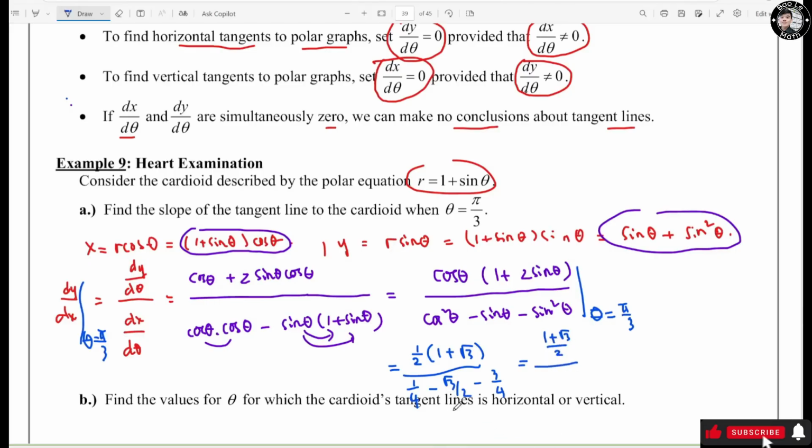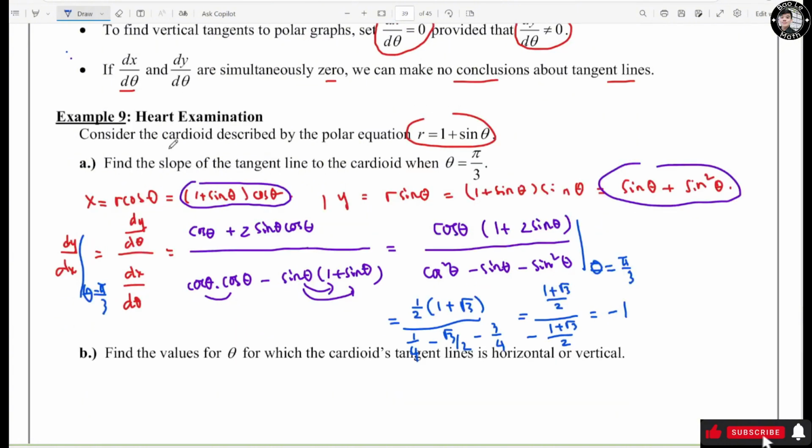The bottom right here, I need to write this guy in the same denominator. So 1 fourth minus 3 fourths is going to be negative 1 half. So it's going to be negative 1 plus root 3 divided by 2. So the answer is negative 1. So the slope is negative 1.